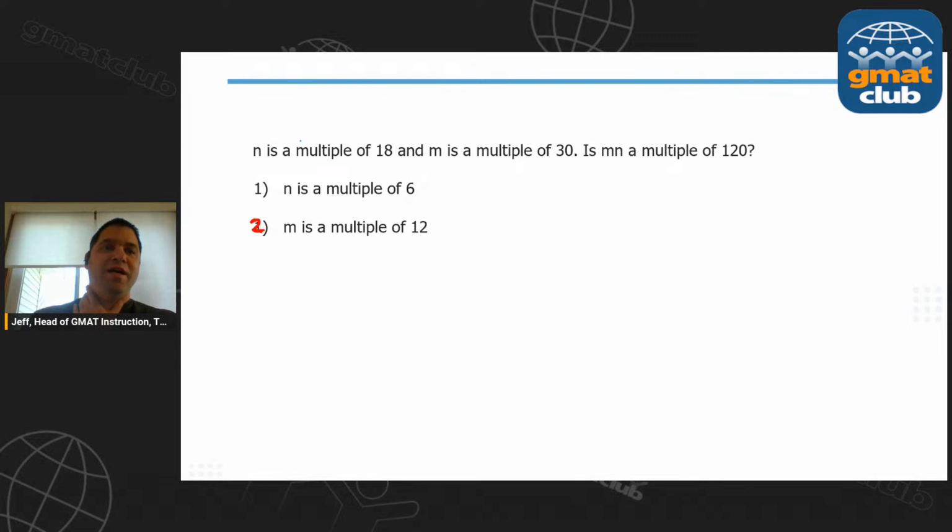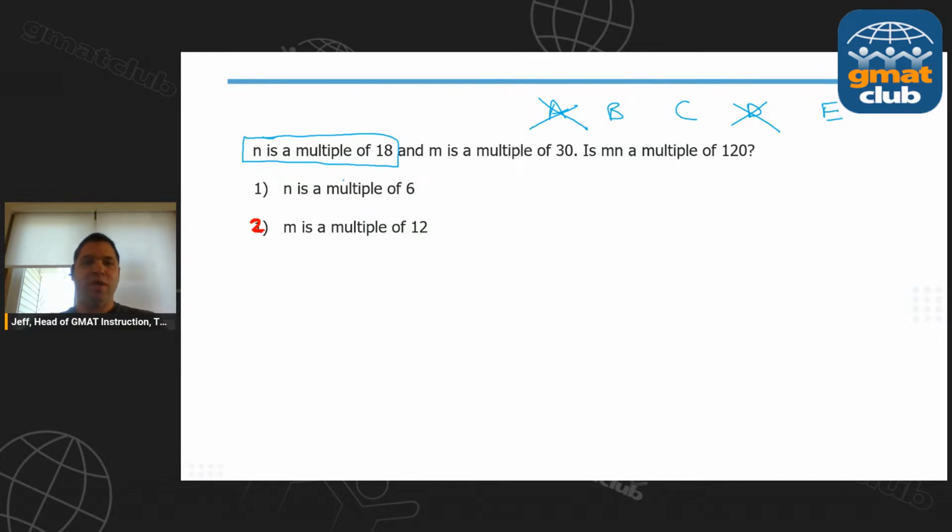Well, it's giving you no value because you already knew that n was a multiple of 18. All multiples of 18 are multiples of 6, right? All of them. So if I'm eliminating answer choices in this manner, when I know that statement 1 doesn't work, it's not just that we can eliminate D. We can also eliminate C because it's not giving you anything new.